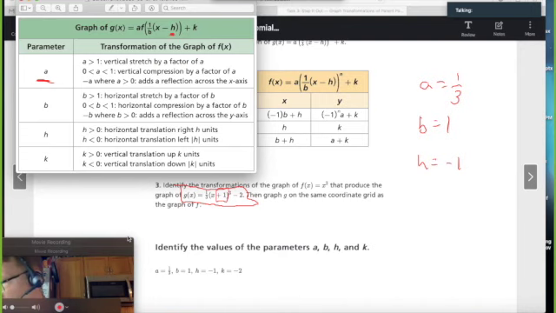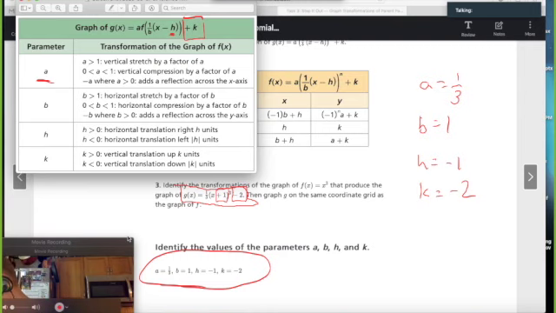And then our plus k right here is going to be our minus 2. So k equals -2. If you don't believe me, obviously this is a worked example. The answer's right there.